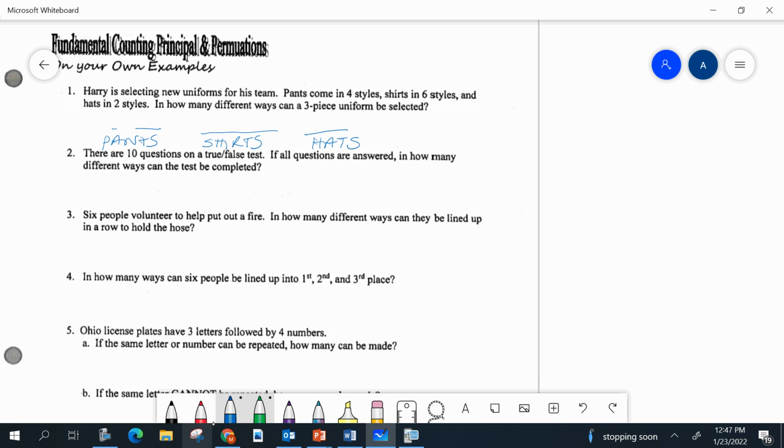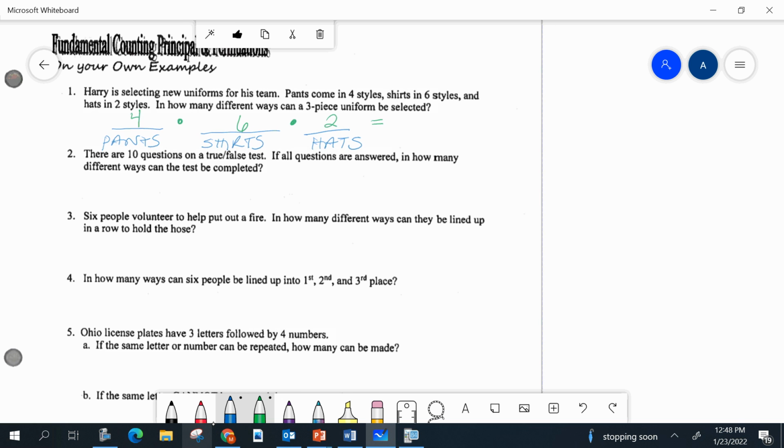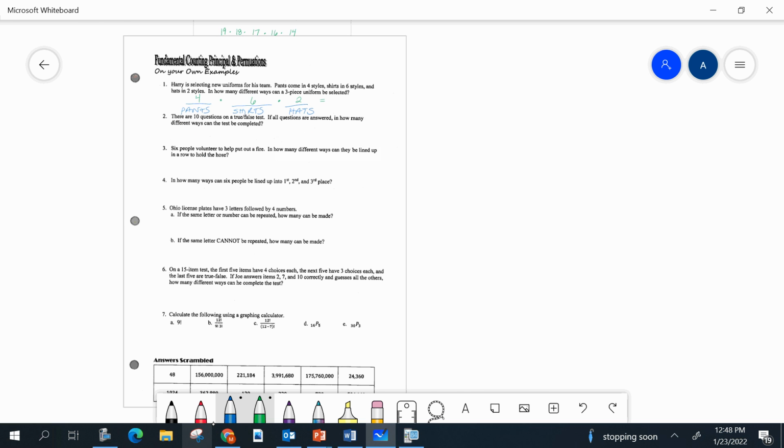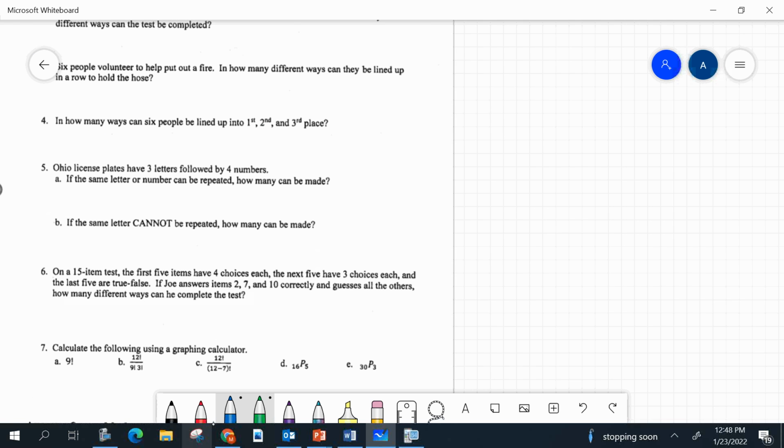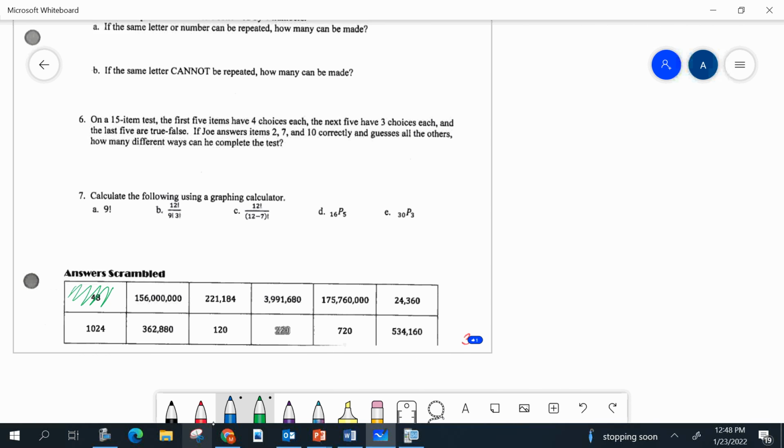And accidentally erased, 4 styles. And then shirts comes in 6 styles, and hats come in 2 styles. And that's the whole idea of this, is making your blanks. Think about how many possible choices you have for each one. 4 times 6 times 2 is 48, and so we can say there are 48 different ways to style this uniform. We come down to the bottom, we see 48, we shade it out, and there you go.